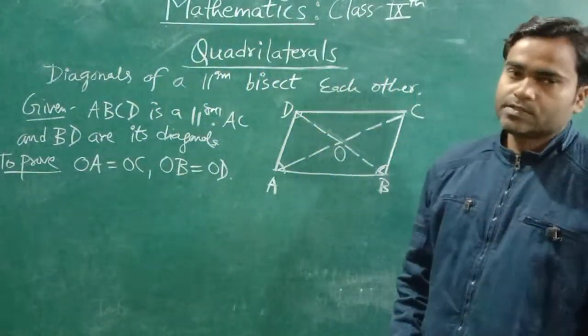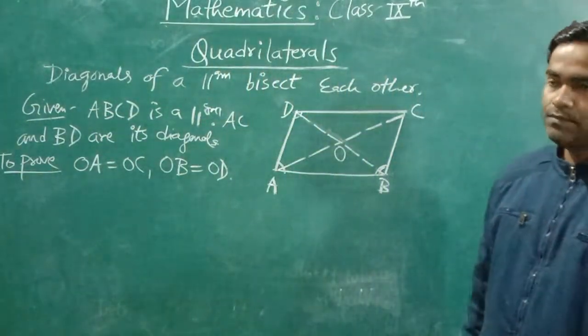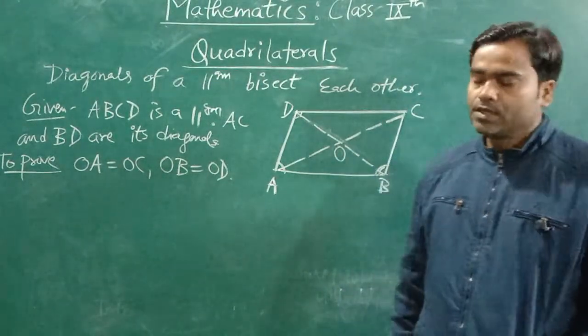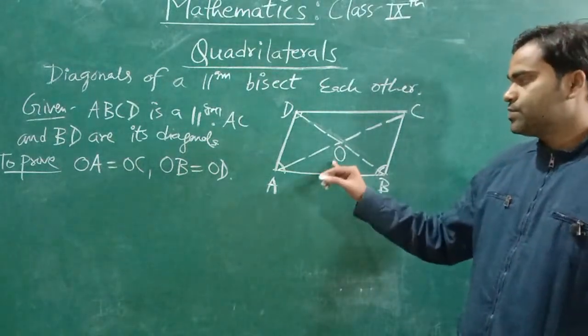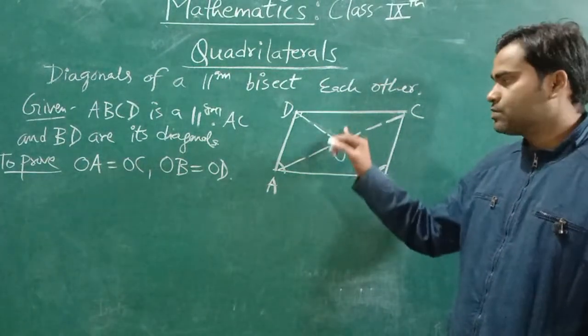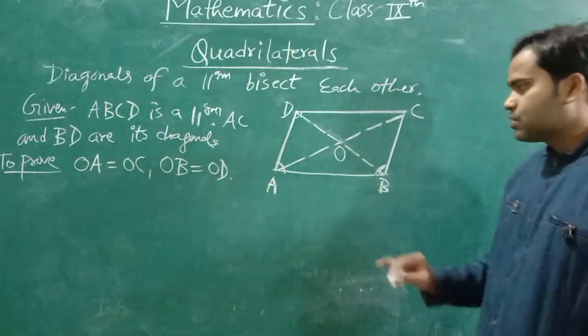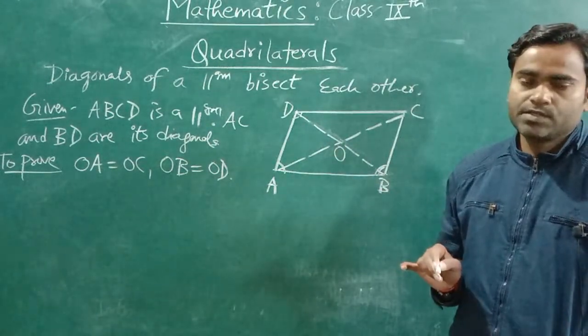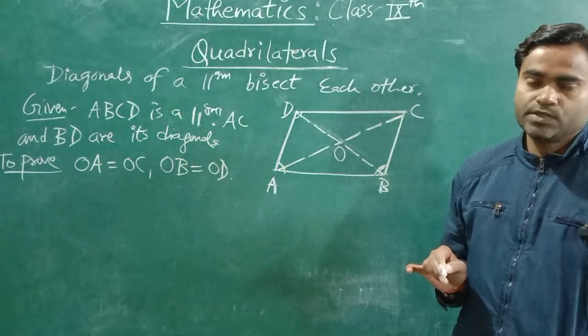So students, in this particular problem, we will use the concept of congruency. If we are able to prove these two triangles congruent, then we can also write OA is equal to OC and OB is equal to OD by CPCT, corresponding parts of congruent triangles.